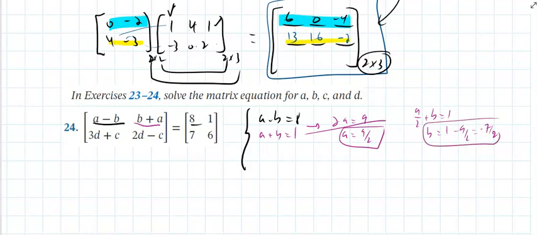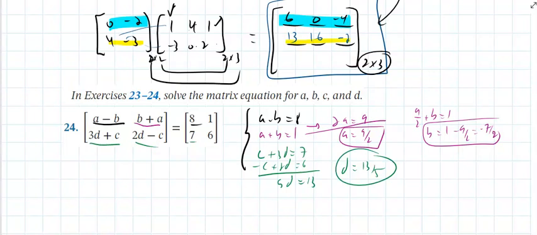And if I go for the third entry, it says C plus 3D equal 7, and negative C plus 2D equal 6. If I add those, that's 5D equal 13. So D equals 13/5.